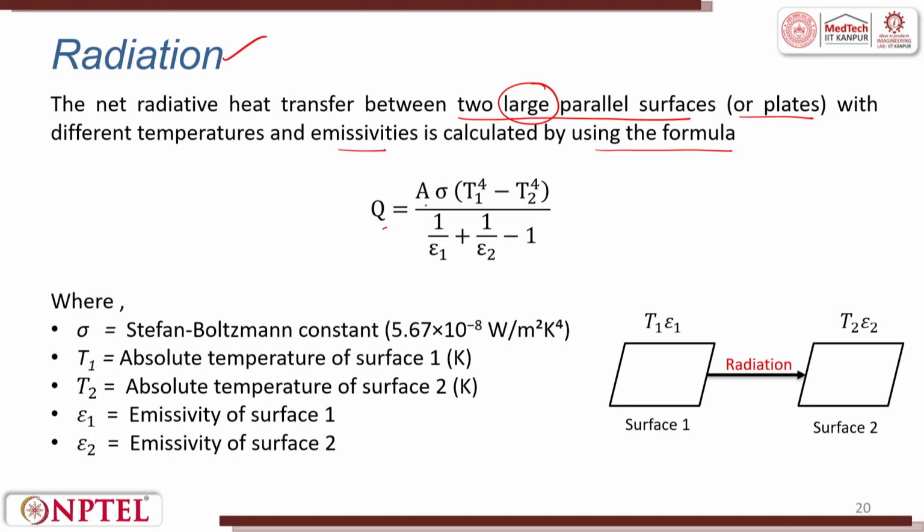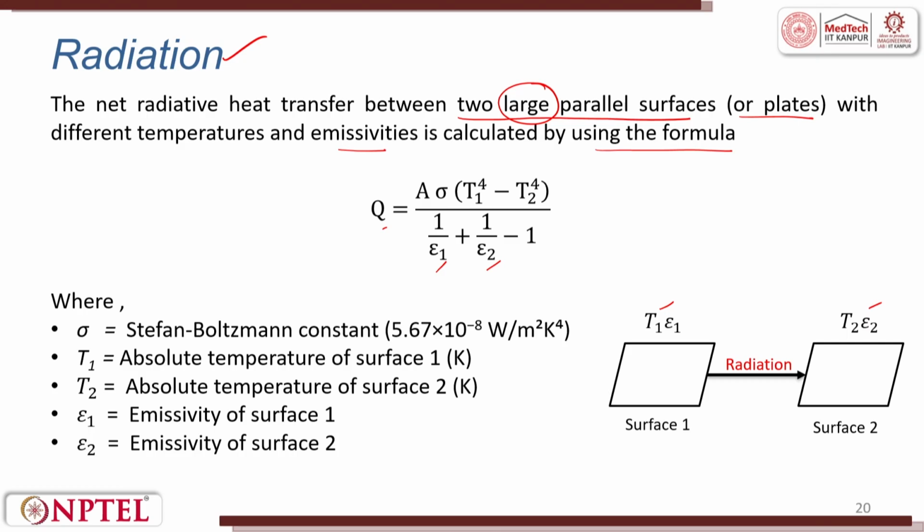Q is equal to A into sigma times T1 power 4 minus T2 power 4, where T1 and T2 are the absolute temperatures of the surfaces. For example, this is T1, epsilon 1, and this is T2, epsilon 2, where epsilon 1 and epsilon 2 are the emissivities of surface 1 and surface 2 respectively. So there is radiation that goes from surface 1 to surface 2 depending upon the emissivity of both the surfaces.